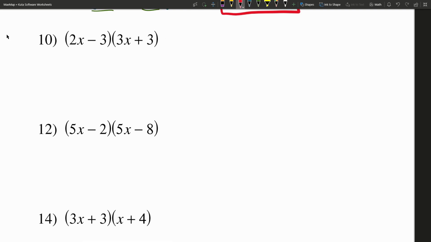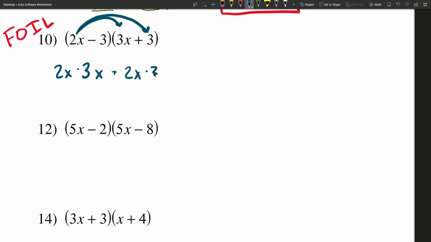Moving right along to number 10, FOIL, we're going to FOIL. So first term is going to be 2x times 3x. Then our outside term, 2x and 3, both positive, so it's going to be 2x times 3, plus our inside terms, this 3 combined with 3x, where that 3 is subtracted, so it'll be a negative 3 times 3x.